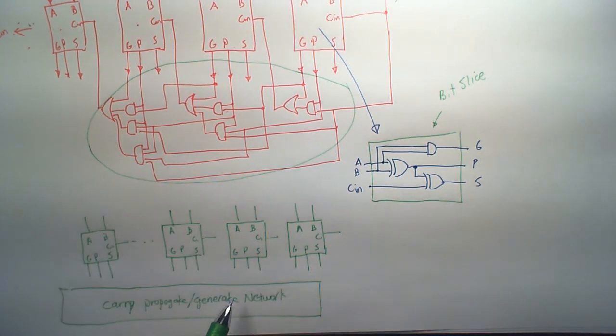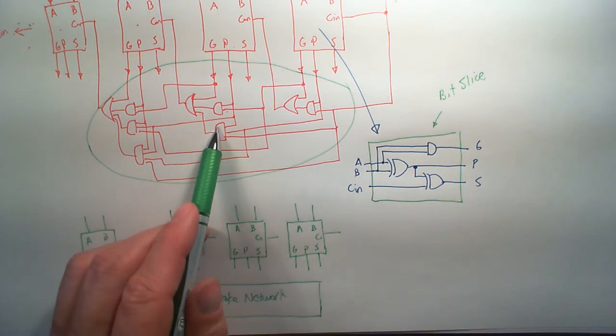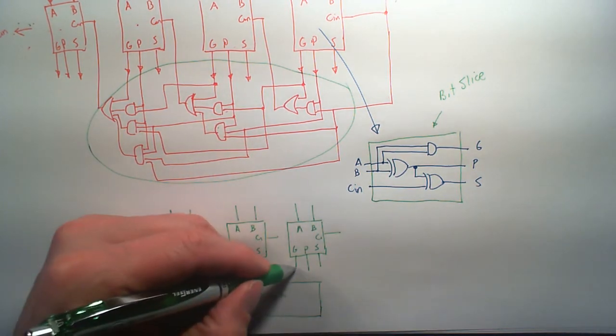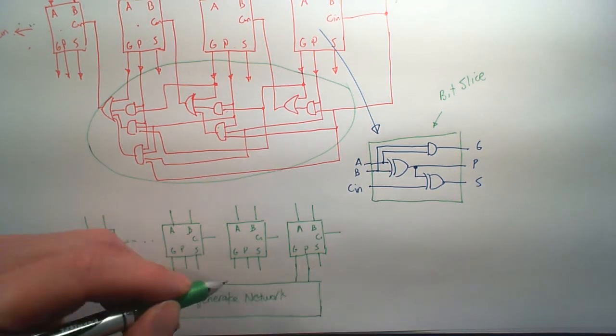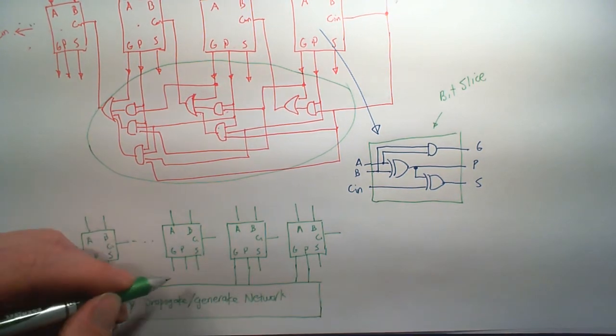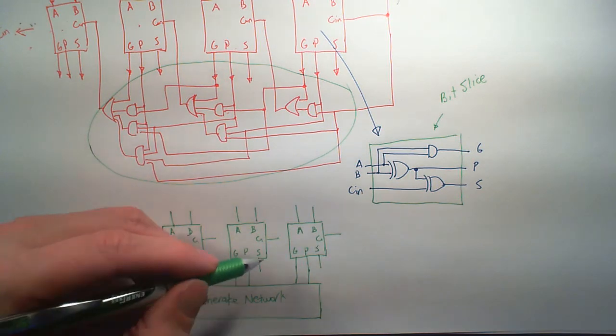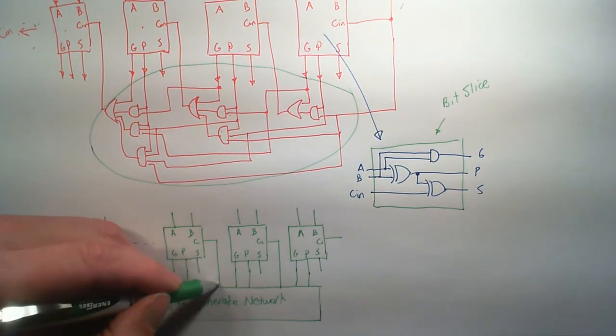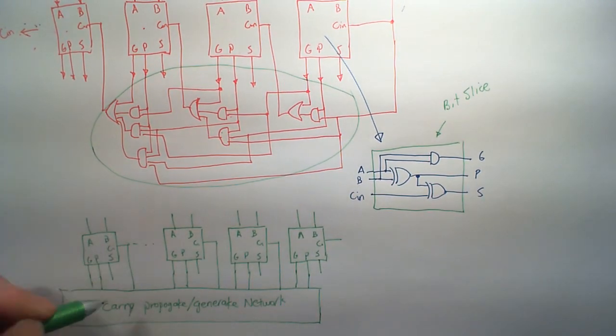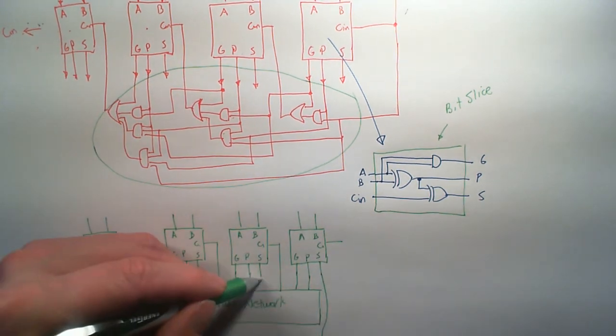And the propagate generate network is going to contain all these circuits here. So the propagate and generate from each bit slice is going to go into this network. And out of this network are going to come the carry-ins to the subsequent stages. And then the sum bits are just going to kind of bypass and go right through.